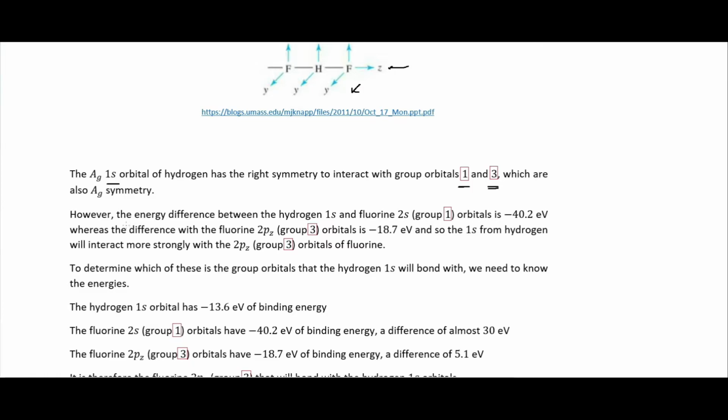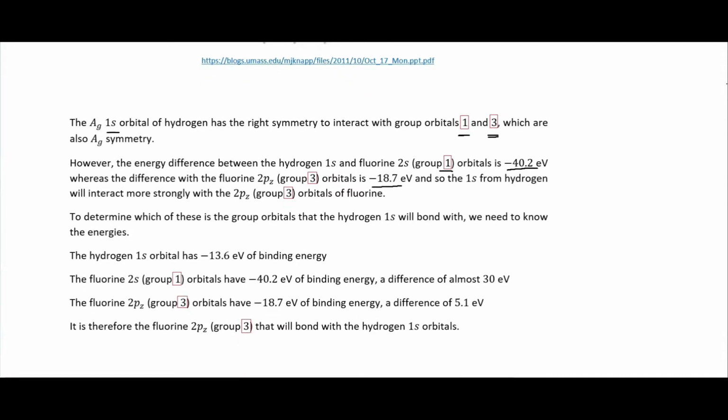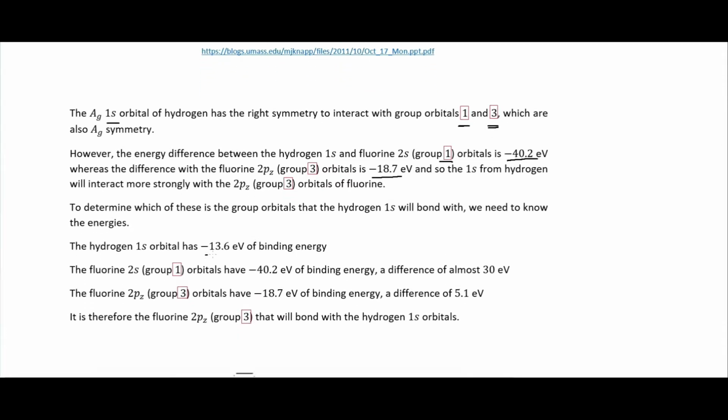However, the energy difference between the hydrogen 1s and the fluorine 2s, which the group 1 orbitals have, is this minus 40.2 electron volt, whereas the group 3 has this minus 18.7 electron volt. If we look at these energy differences, the hydrogen has the minus 13.6 electron volt binding energy.